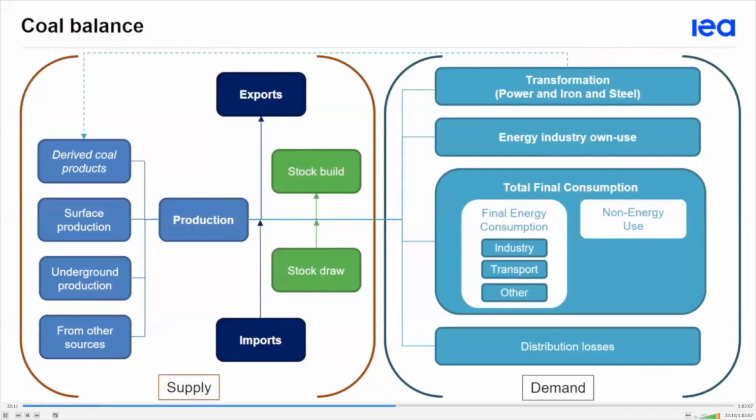On the demand side, you will have the transformations, which we see just after, the energy industry own use, and the total final consumption. Do not forget that due to the way coal is transported, most of the time by trucks, there can be important losses. So do not forget to keep track of those distribution losses to keep your statistics in good shape.